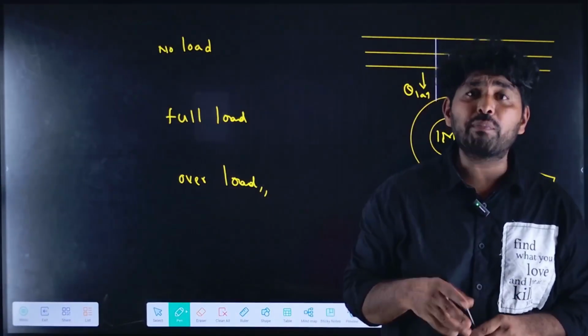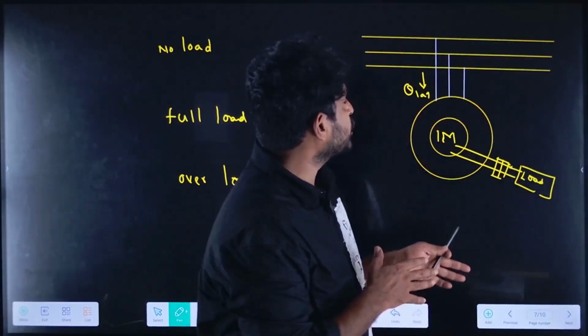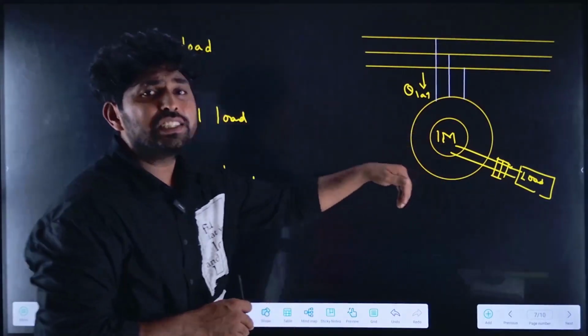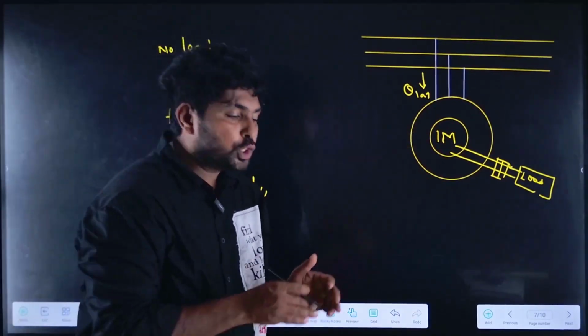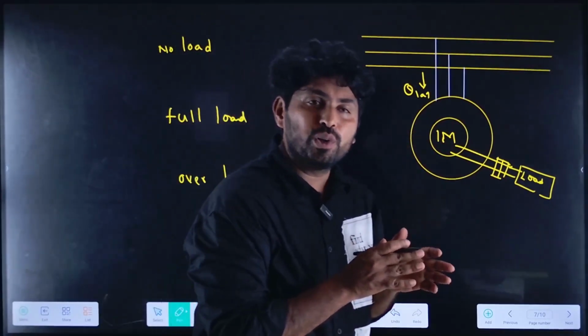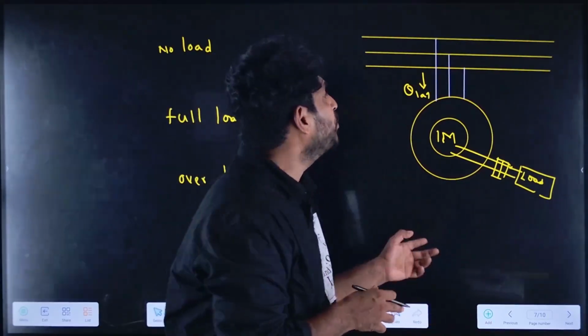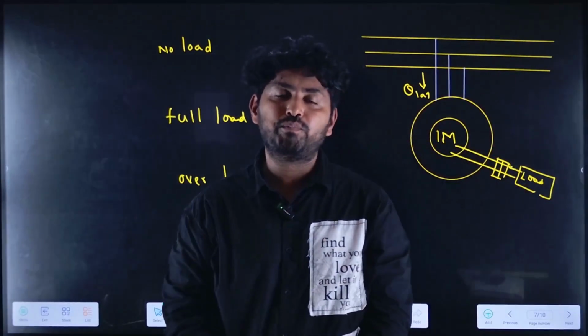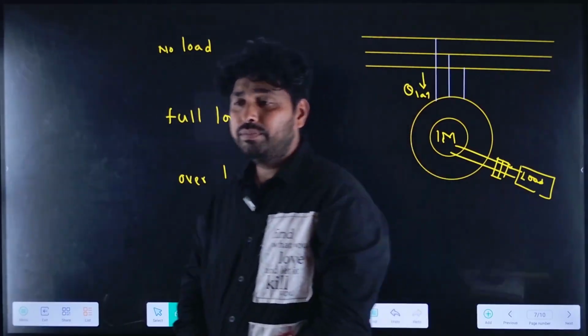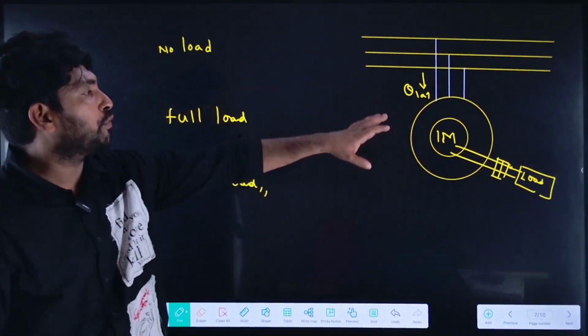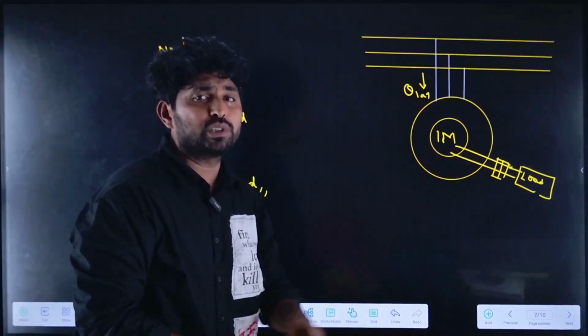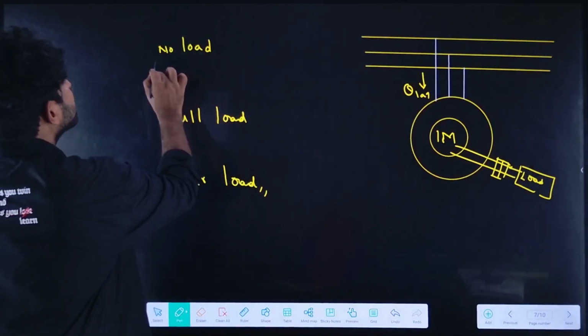Similar to the transformer, the main function of the reactive power is to produce the air gap flux and to maintain the air gap flux as constant. But let us consider the no load condition.